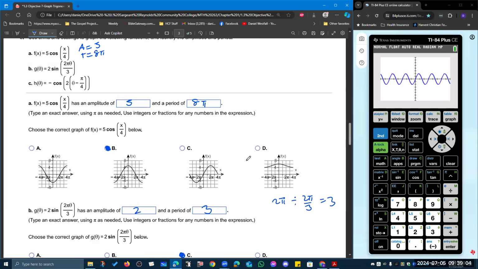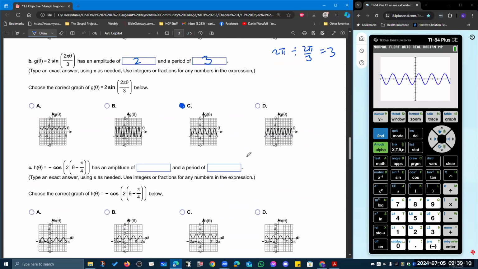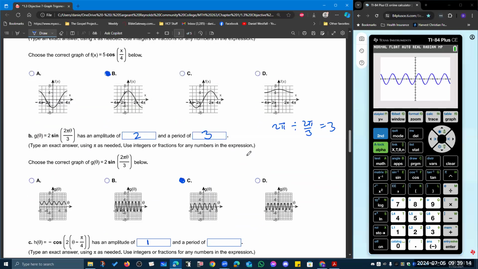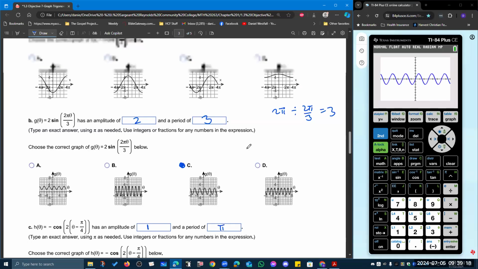And then amplitude of 1 here, period of 2 pi over 2, which is pi.